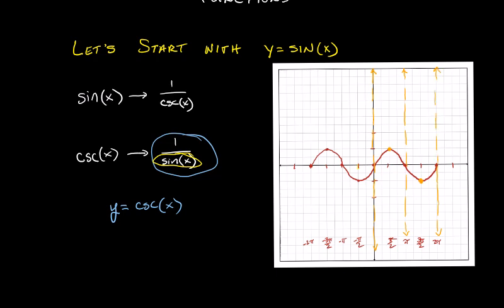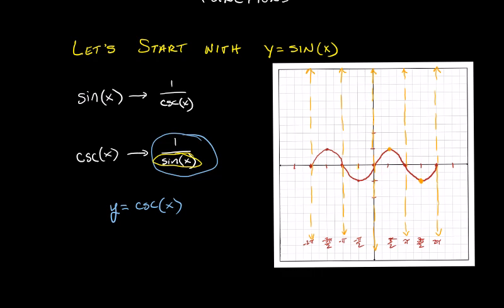So the first period of the cosecant function has 3 asymptotes. Take a look, and they're spaced out. Wherever the normal sine function hit 0, we ended up with a vertical asymptote, which means we would have a vertical asymptote here at negative pi, and we'd have a vertical asymptote here at negative 2 pi.